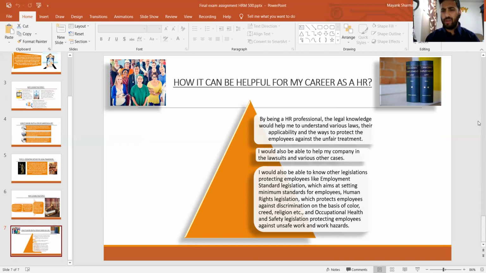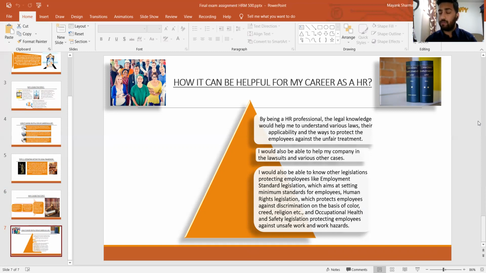I would also be able to help my company in various lawsuits and other cases. For example, there are different cases against a company. If I have legal knowledge about Canadian laws, it would be really helpful for me to help my company in various lawsuits and other cases. I would also be able to understand the different employment legislations. For example, employment standards legislation sets minimum standards for employees.